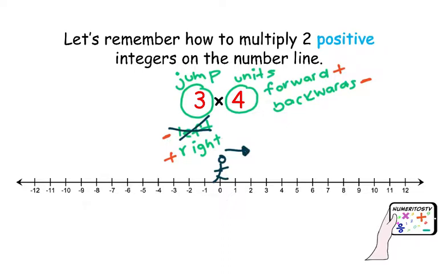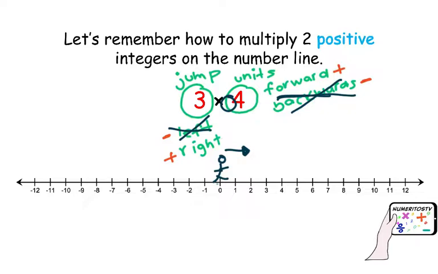The second number, 4, is going to tell me of how many units. I am going to make 3 jumps of 4 units, and because it's positive, I am going to do them forward. So that means that I am going to do these jumps to the right forward. How many? 3 of 4 units.